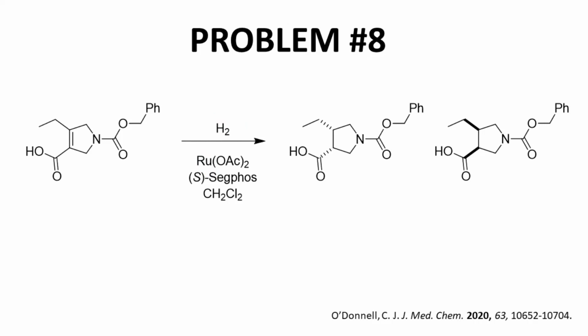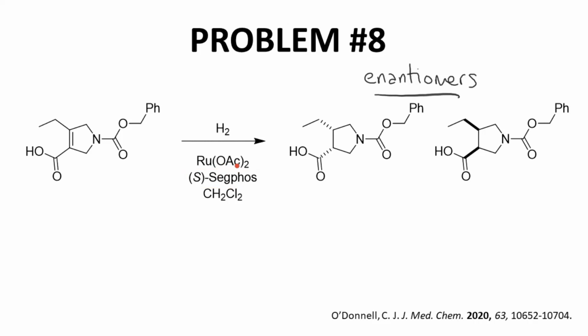These two molecules are enantiomers of each other. Normally we'd expect to get a 50-50 mixture of these enantiomers, a racemic mixture, but we ignored something under the arrow. S-segphos. What is this? The S is a reference to stereochemistry.